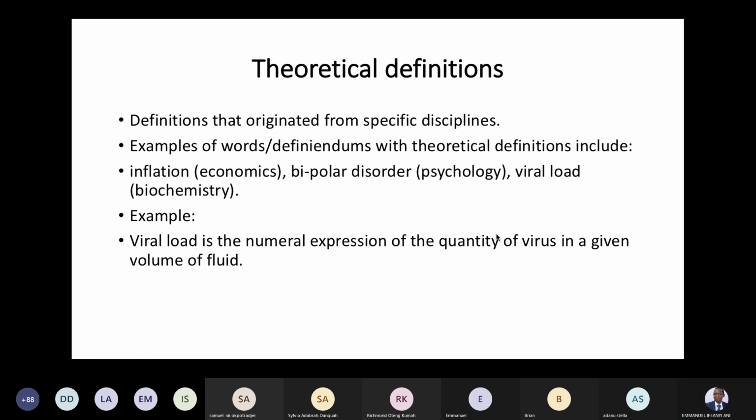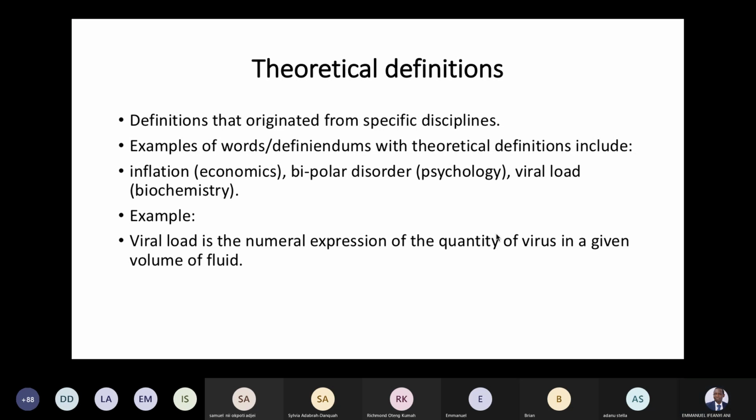Okay. So we're talking about theoretical definitions. Theoretical definitions are definitions that originate from specific disciplines. Examples of words with theoretical definitions include inflation. So we know that the word inflation originated from economics.